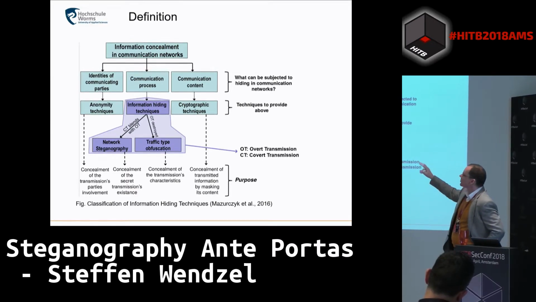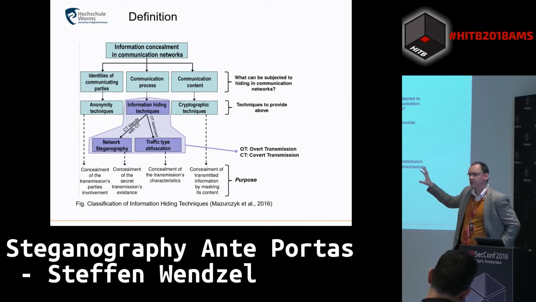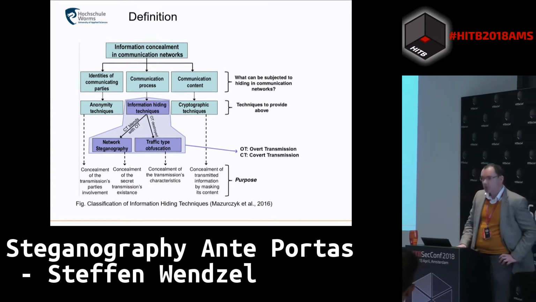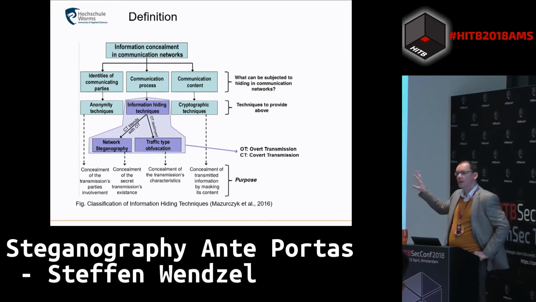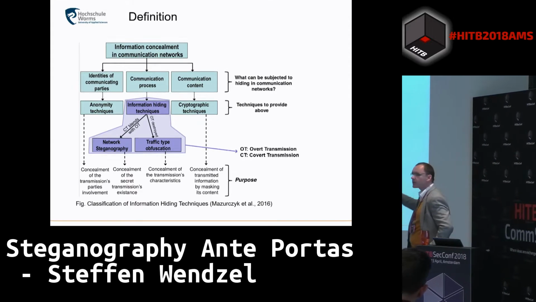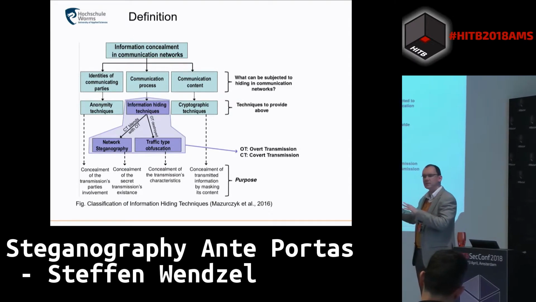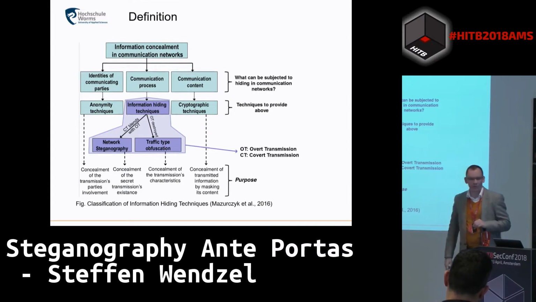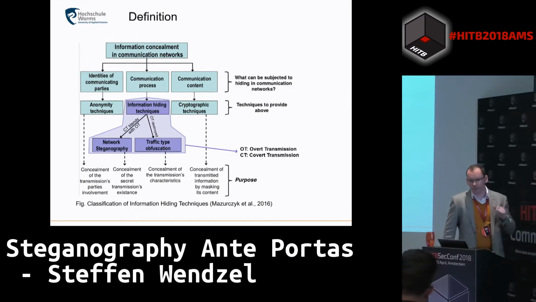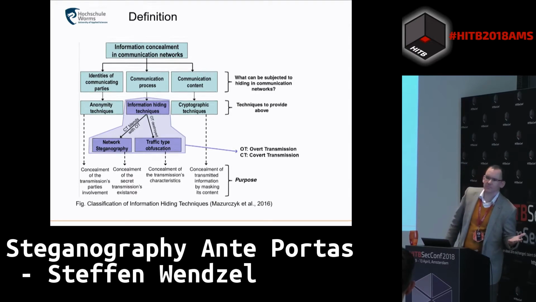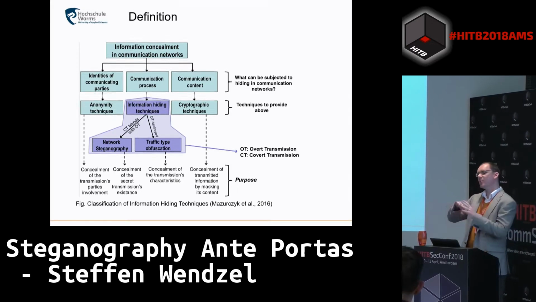Okay, so in network information hiding, we have basically 2 domains. If we focus on what we actually hide, then we can hide the identity of communicating parties. That would be anonymity techniques. We can also try to hide the content of a communication. That's done with cryptography. But in information hiding, we either try to hide the fact that the communication is going on at all, or we hide the characteristics.